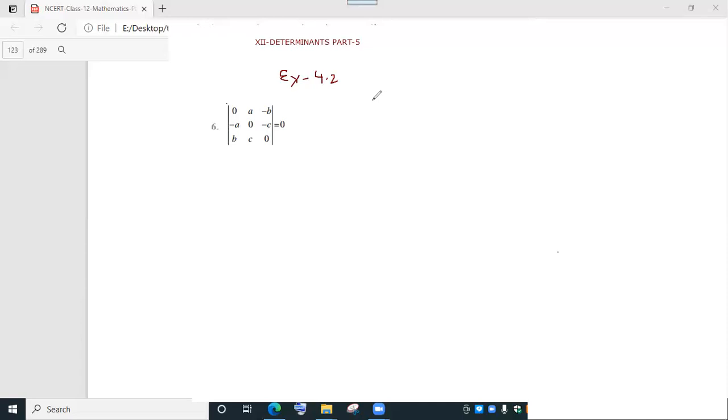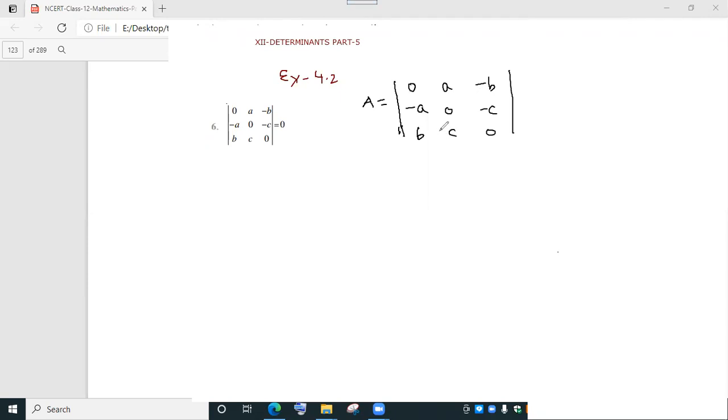Okay, so let's take this determinant: 0, a, minus b; minus a, 0, minus c; b, c, and 0. Now we have to make its value 0.